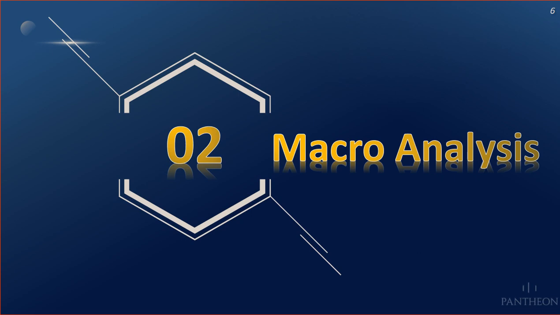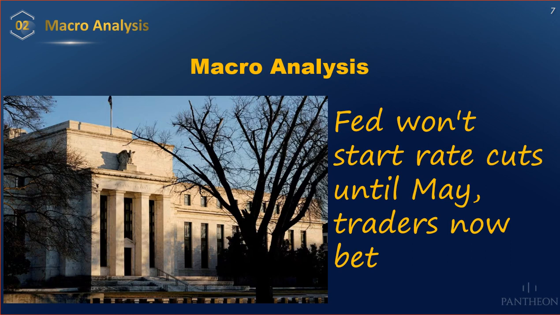Okay, let's take a look at what I have picked and would like to share with everyone. So we start off with this. Traders on Friday bet that the Fed will not start easing its policy until May, weakening the financial markets' confidence in the face of better than expected economic data and comments from central bank governors.